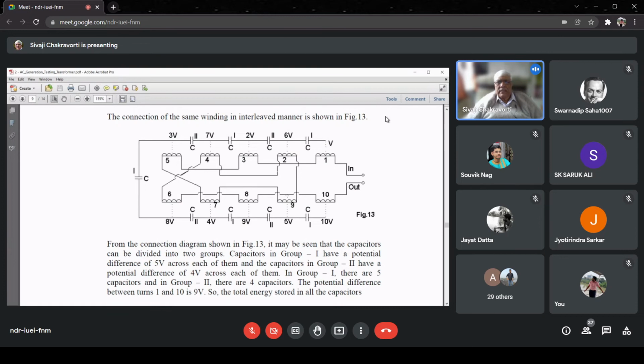In this way, if you look at this diagram, can you tell me how many 5Vs are there? Actually, there are 5 instances where the potential difference is 5V, and there are 4 instances where it is 4V.